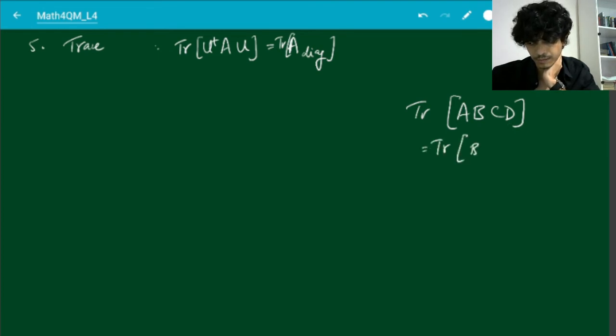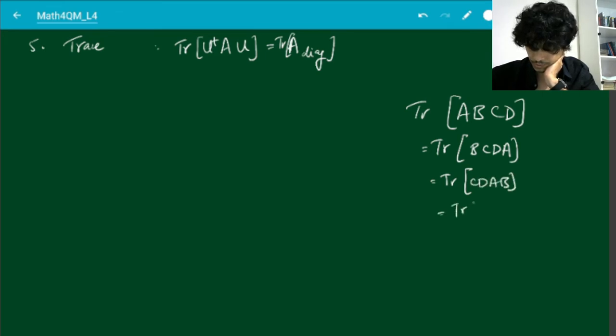So you can write B, C, D, A. See, I'm always cycling them around. I'm changing them in a cyclic order. C, D, A, B. Trace of D, A, B, C. This is a property of trace.